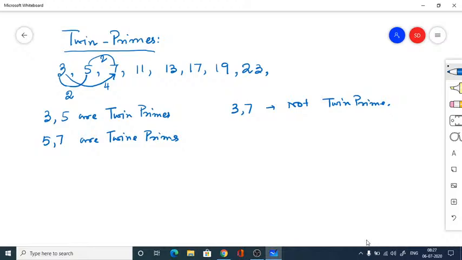Now if you take 5 and 11, the difference is what? 11 minus 5 is 6. So they are also not twin primes. Then 7 and 11 are also not twin primes because their difference is 4. But if you take 11 and 13, their difference is 2, right? So they are twin primes.